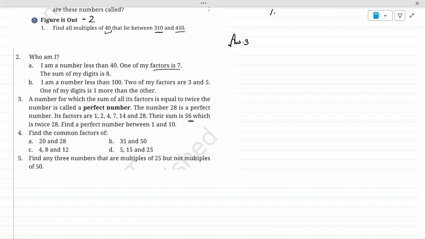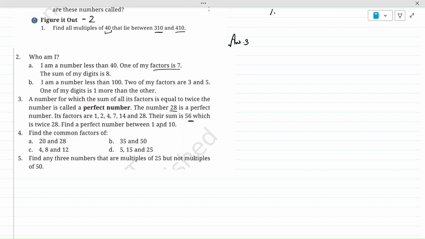And this sum is exactly twice the given number. So that is the condition for a perfect number, that the sum of the factors should be exactly twice the number itself. Now what we have to do is find a perfect number between 1 and 10.